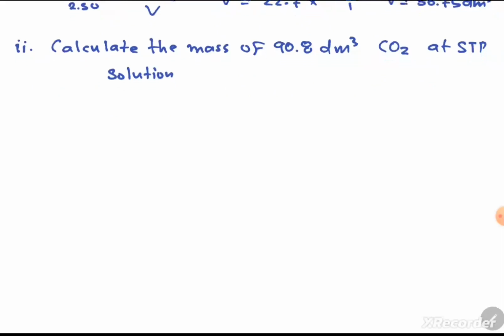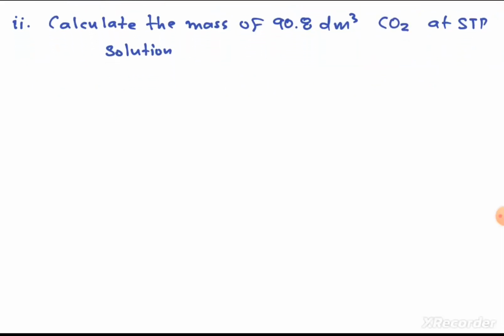We read distinctly about mass of carbon dioxide, so we need MR. For carbon dioxide, MR is equal to AR of carbon times 1 plus AR of oxygen times 2. And we have MR for carbon dioxide, so then the molar mass.